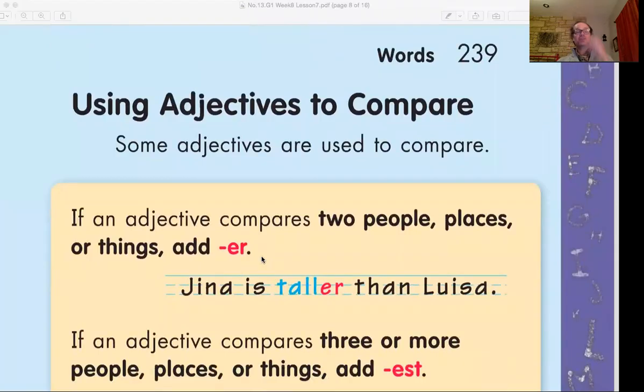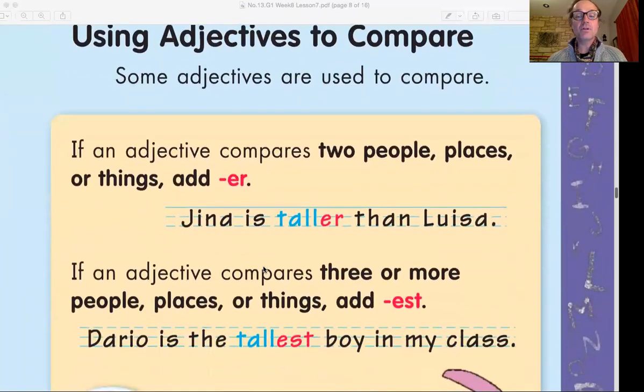Using adjectives to compare. Some adjectives are used to compare. Comparing means this or this. If an adjective compares 2 people, places, or things, add er. Jinnah is taller than Louisa.